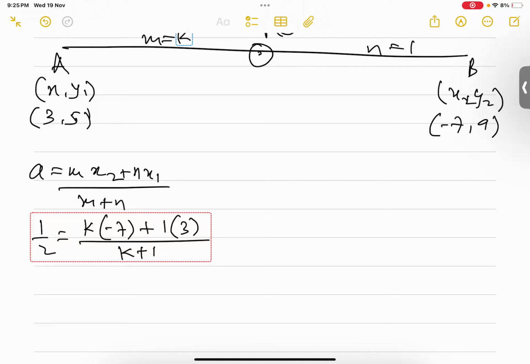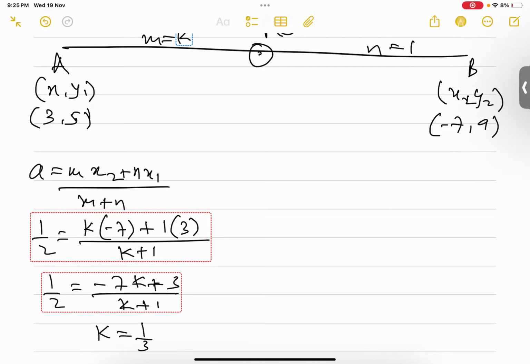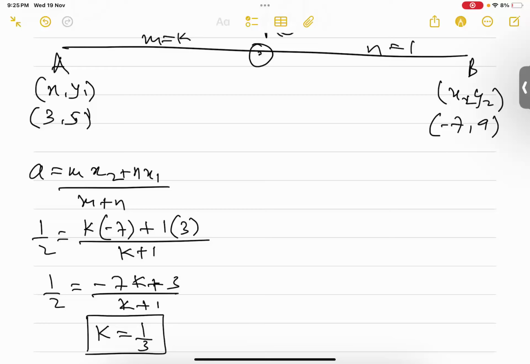Right. So you are supposed to solve this and get the answer. So half is equal to minus 7k plus 3 upon k plus 1. If you solve this, you'll get the value of k as 1 upon 3.